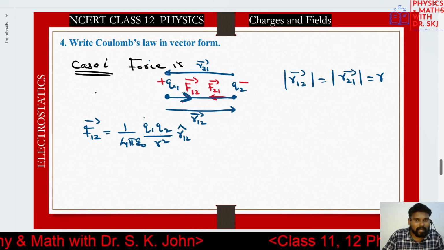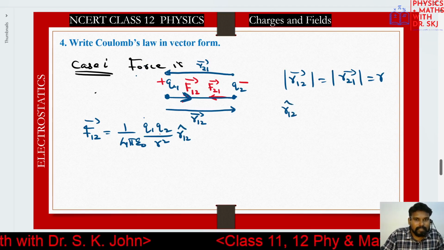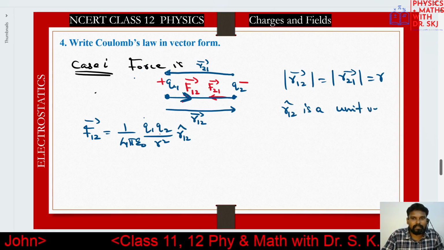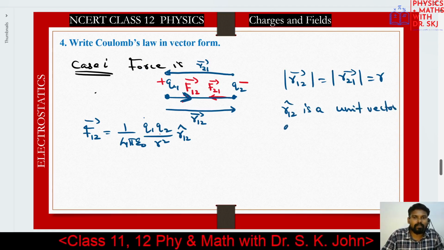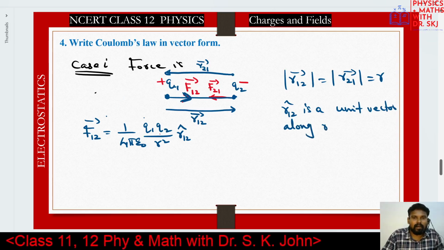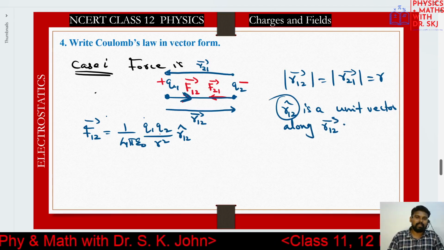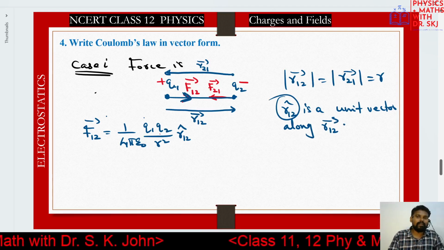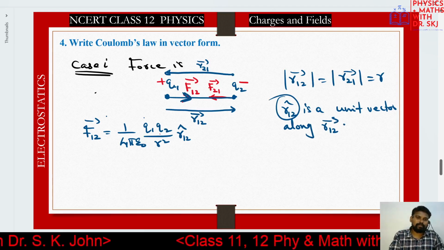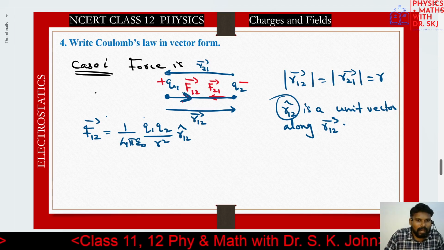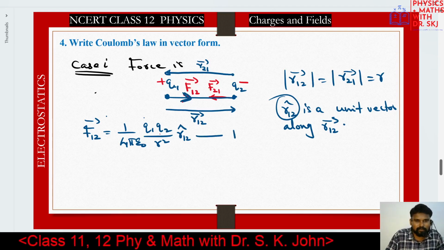What is this R12 cap? It is a unit vector along vector R12. What is the magnitude of a unit vector? It is 1. That is why it is called a unit vector. So this is the first equation for F12.